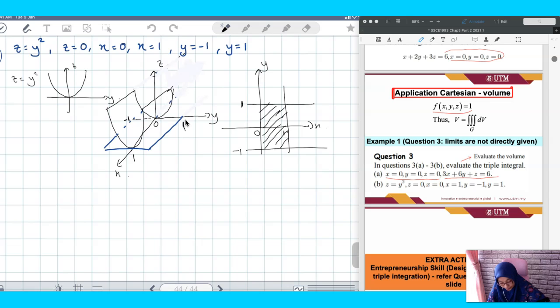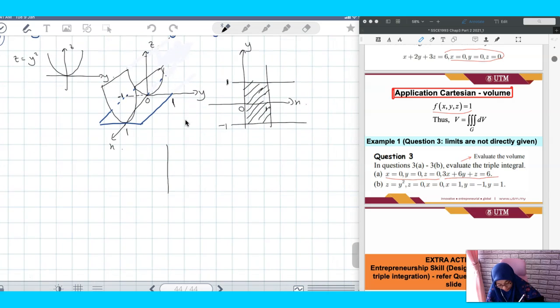Okay, so it looks like I should redraw. So this is y, this is x, this is 1, this is negative 1, and this is 1. Okay, so this surface, I do the projection.